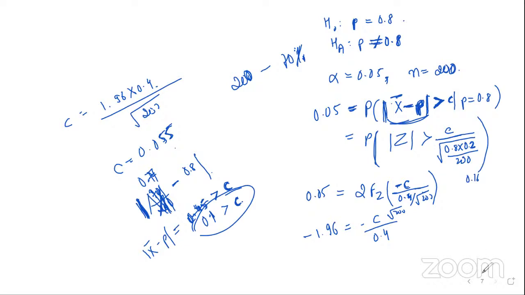Power is 1 minus beta, and it is the probability of rejecting H naught when the alternative was true, so HA is true.